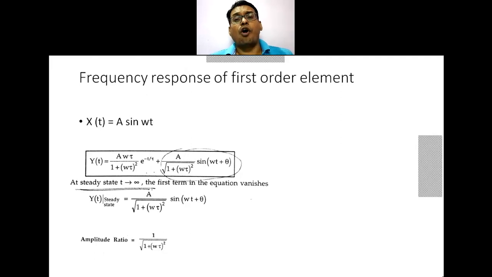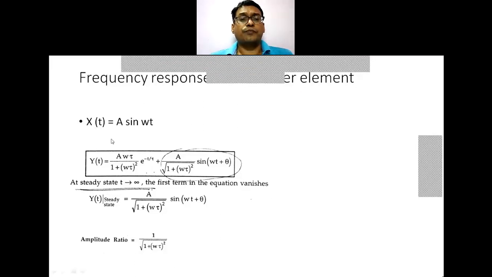Now we have already studied the frequency response of the first order element as well as the second order element, where we have taken the Laplace transform and applied the forcing function to the first order system.